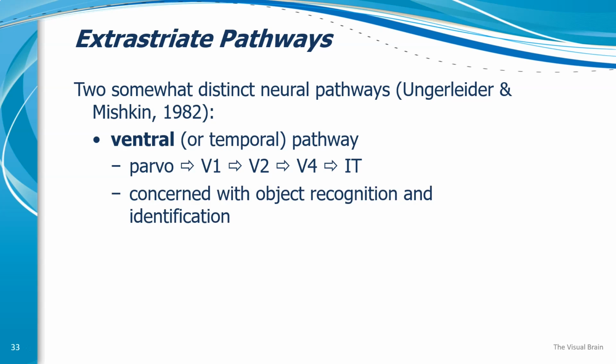Recognizing and identifying objects. In other words, what are we looking at? So the common name for this pathway is the what pathway or the what system. Things like color in area V4 are pretty important to knowing what you're looking at. If it's a banana, is it greenish or yellowish, or is it blue? Kind of harder to identify if things are colored differently.